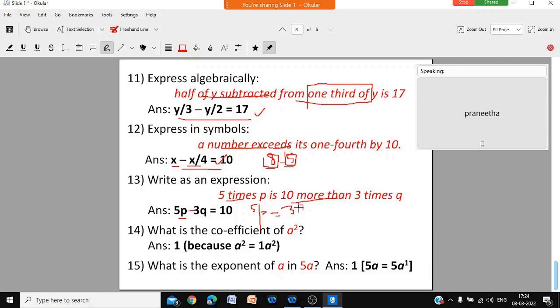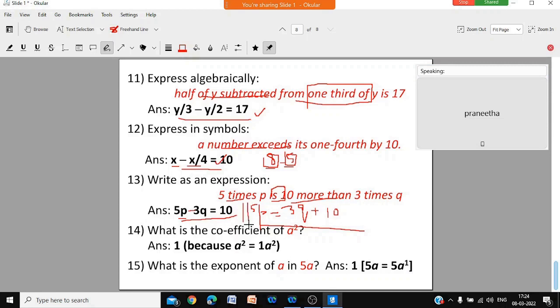Either you can write like this or 5p minus 3q equal to 10. Both the answers are correct. Okay?